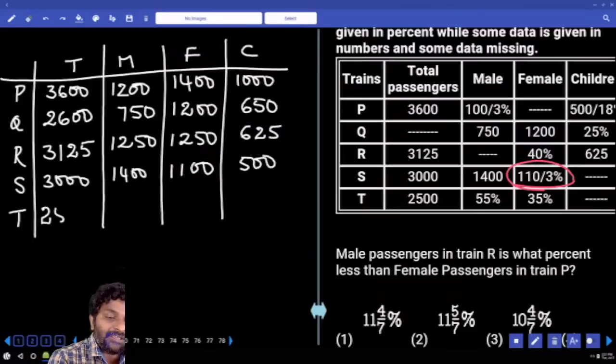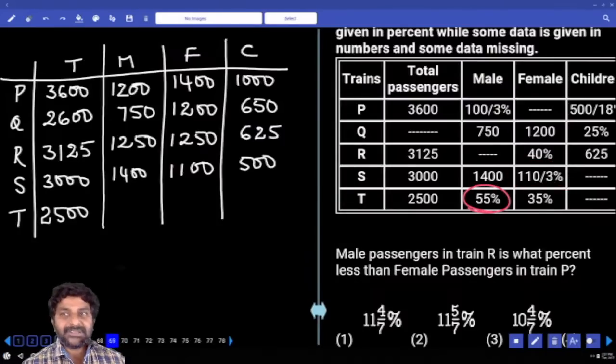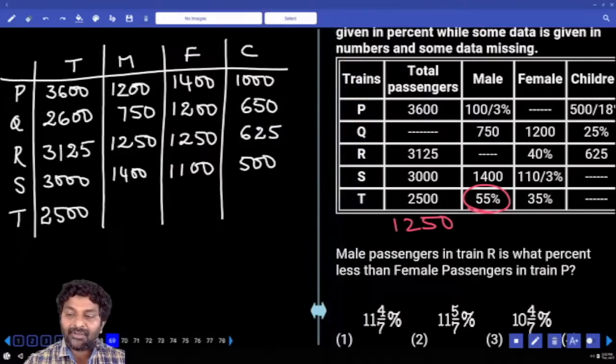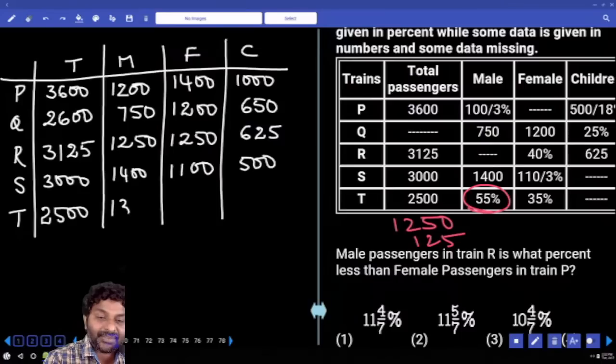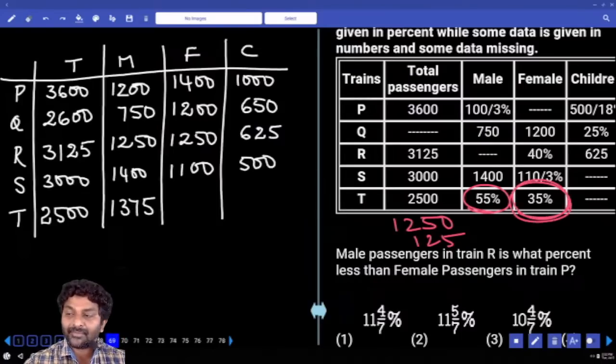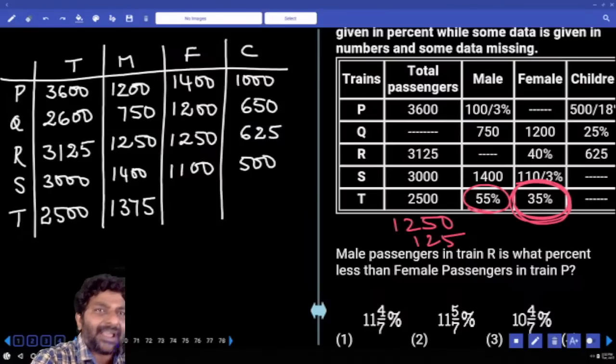Now total T value 2500. 55%. 50% plus 5%. What is 50%? 12. 5% is 125 only. How much is this? 13. Now female are, again we don't need separate calculation, already you know 55%, right? From that if you subtract 20%, do you get 35% or not?